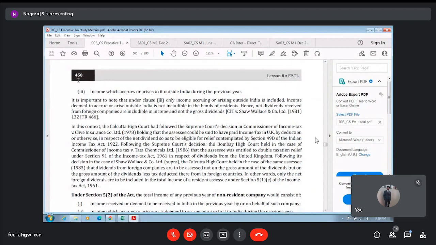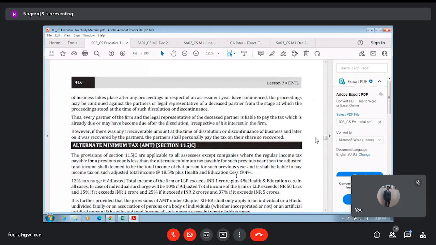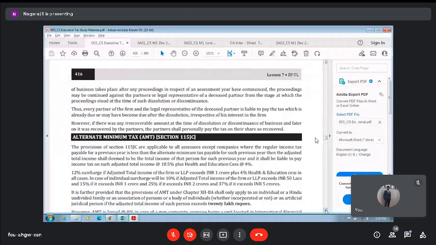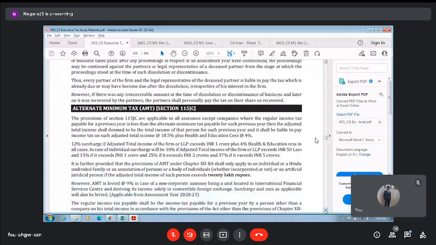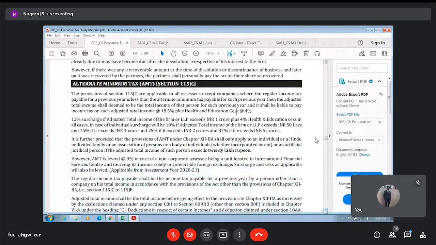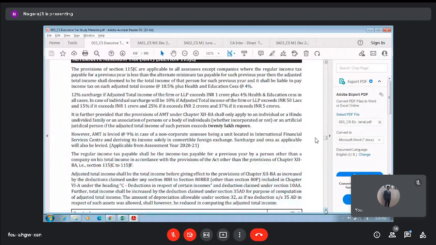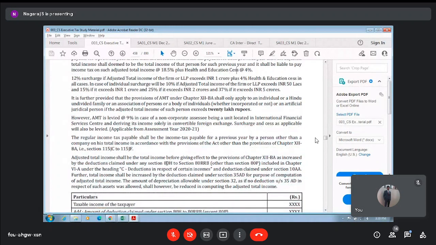Page number 458. This is the 458. The system page. Okay. They have told under which sections. See, under these sections.